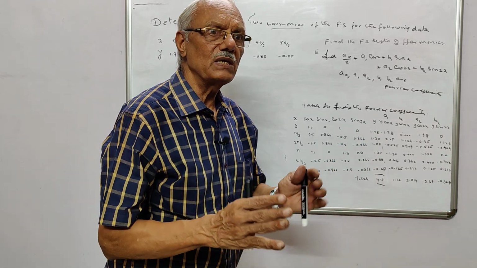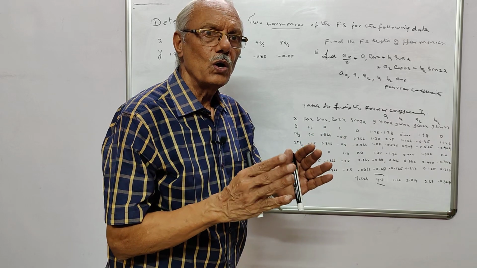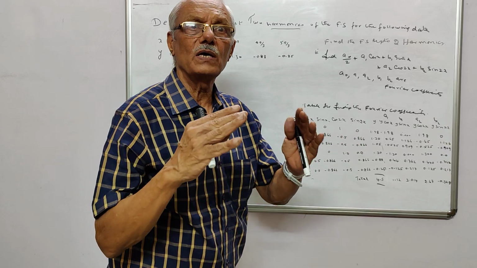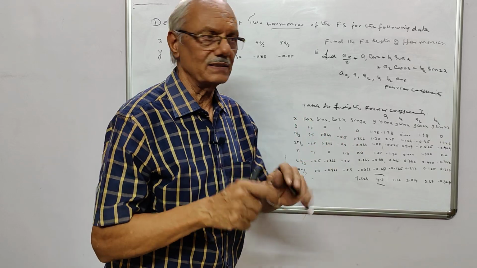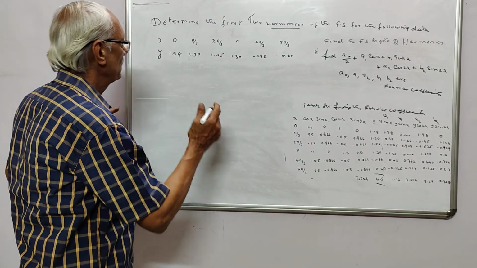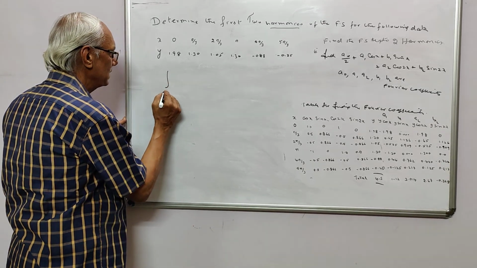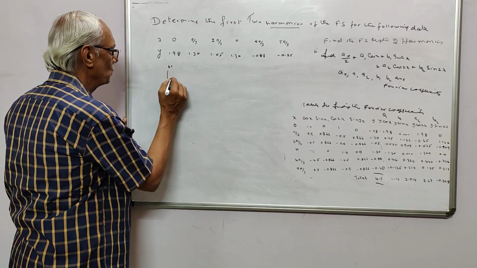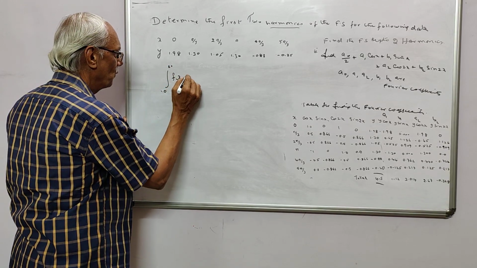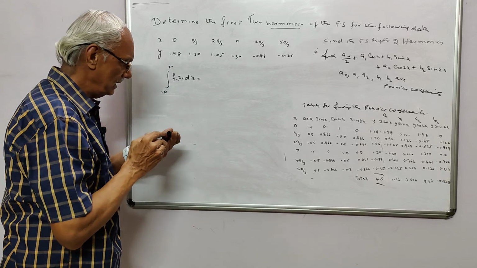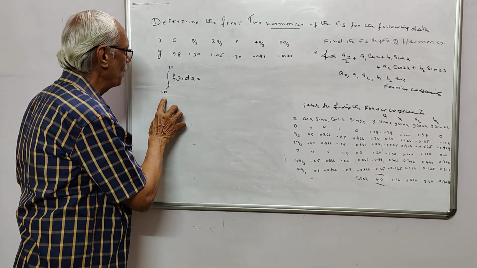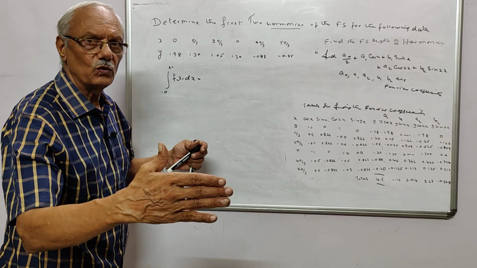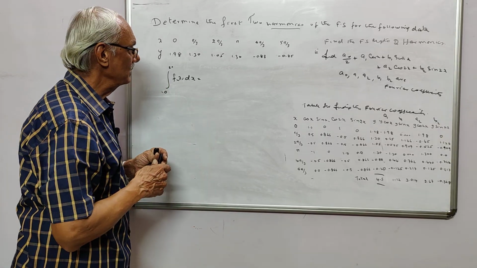Now we use the trapezoidal rule for the area between a curve and the x-axis. That is, a to b, I will take 0 to 2 pi itself, the integral of f of x dx. This is nothing but the area of the function f of x in the interval 0 to 2 pi on which it stands.